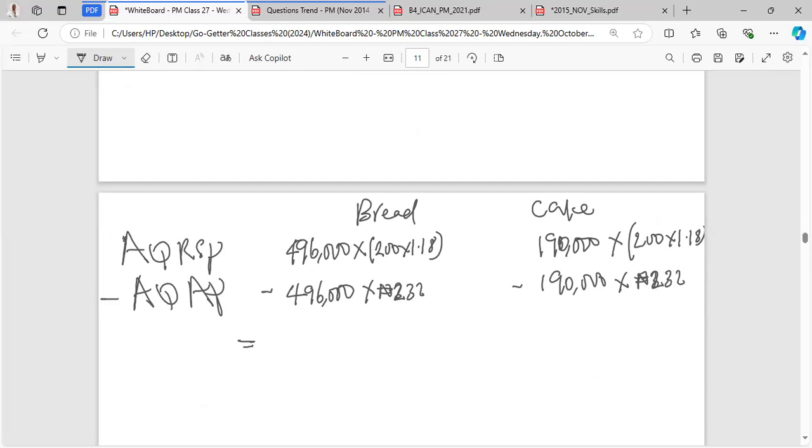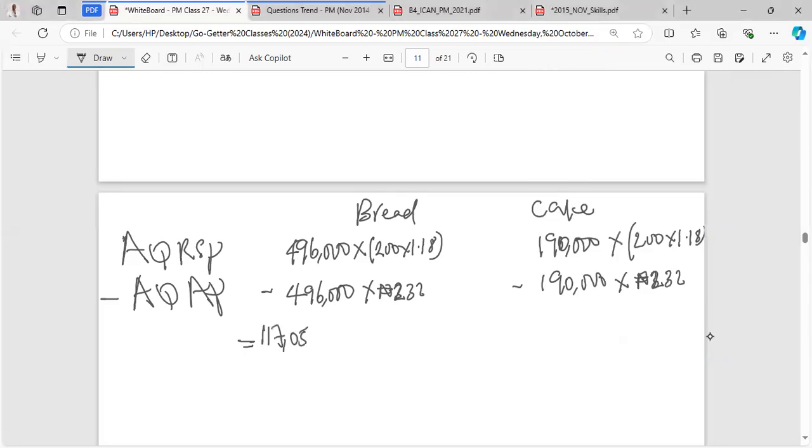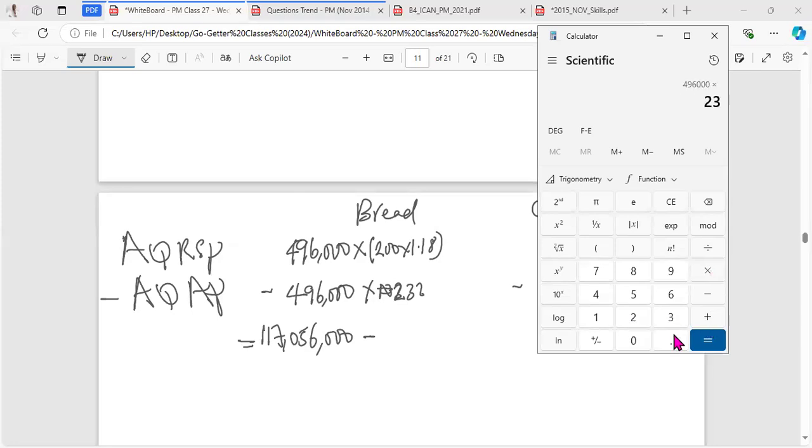So let's take them one after the other. 496,000 multiplied by 200 times 1.18 gives me 117,056,000. Then the next one is 496,000 multiplied by 232, which is 115,072,000.